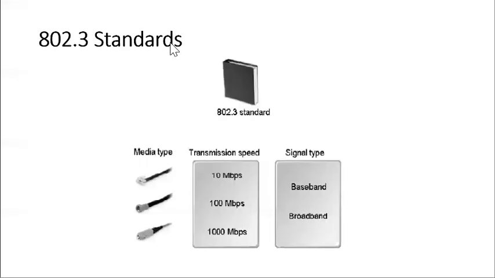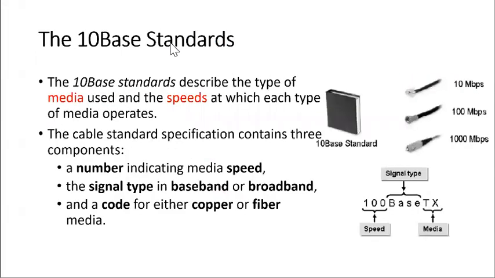Now let us look at a different standard called the 10 base standard. The 10 base standard describes the type of media used and the speed at which each type of media operates. Again, it also defines which media type to be used, and what should be the speed at which each cable should operate.